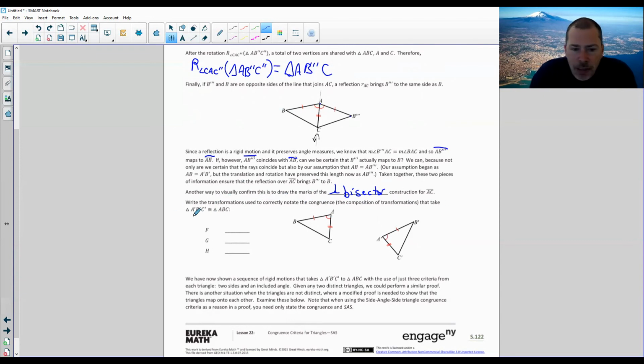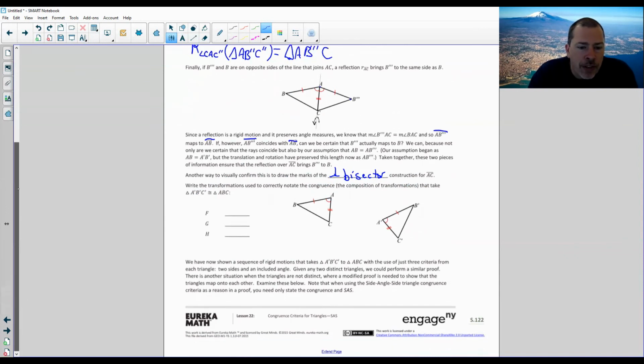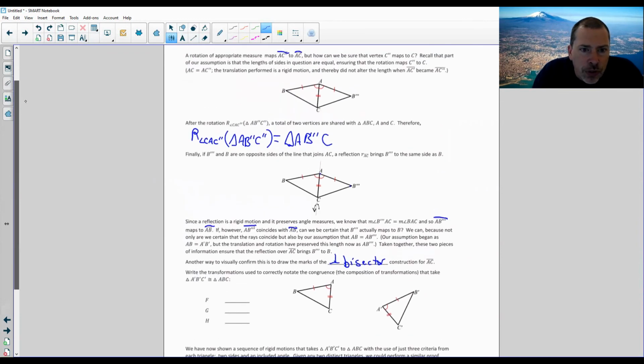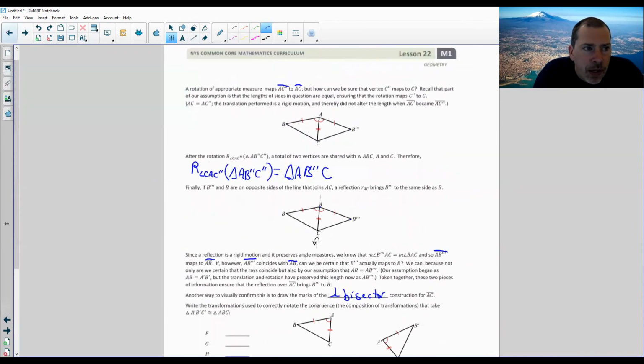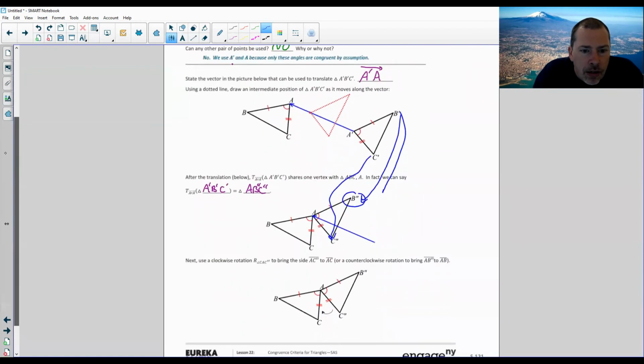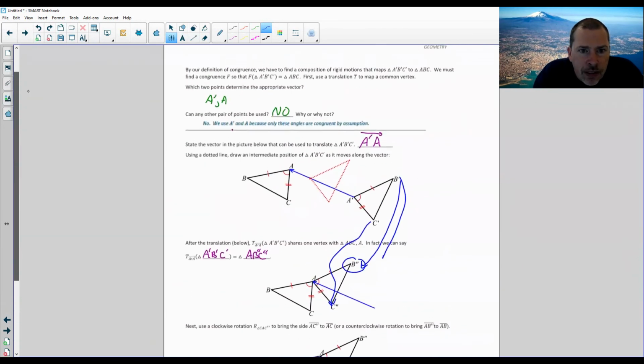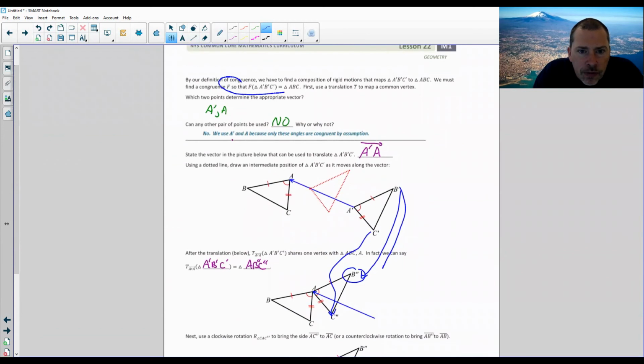Write the transformation used to correctly notate the congruence, the composition of transformations that take triangle A prime, B prime, C prime congruent to triangle ABC. So what makes those two triangles congruent? Okay, so now we're talking about the names of our functions. If we go back up, F is right here.